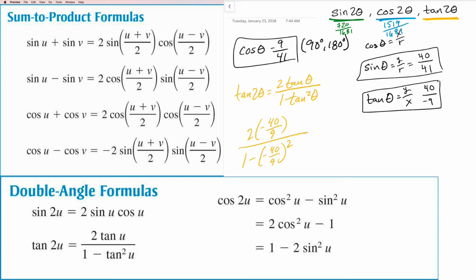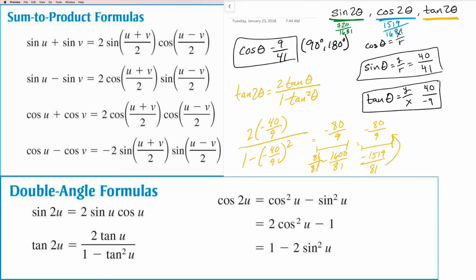Okay, so let's start to work this out. I'm going to end up with negative 80 over 9 divided by 1 minus 1600 over 81. Okay, so simplifying that. For my 1, I'm going to pick 81 over 81. That will give me negative 80 over 9 divided by negative 1519 over 81.